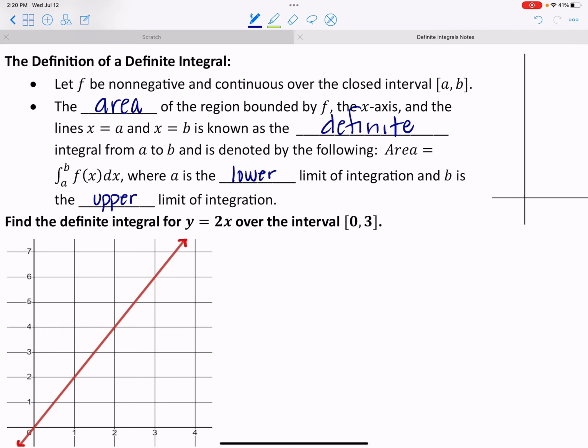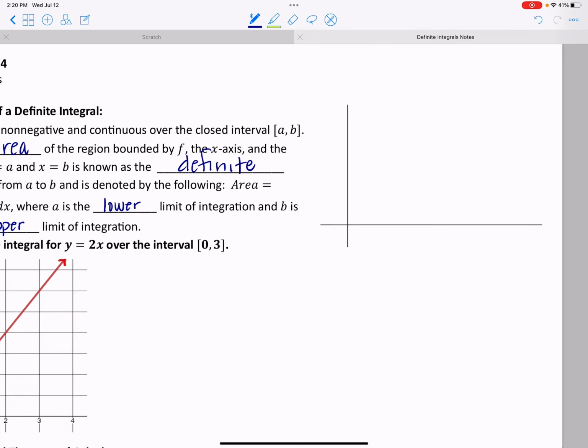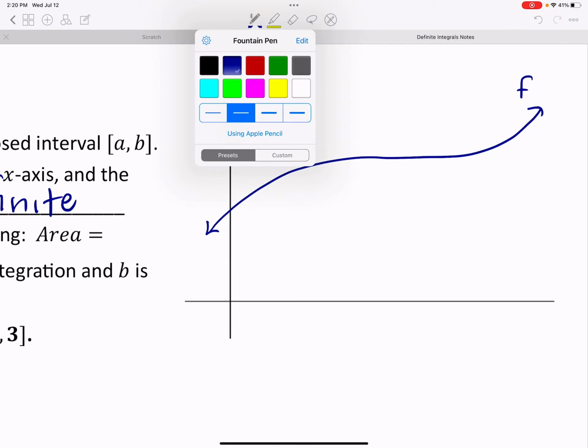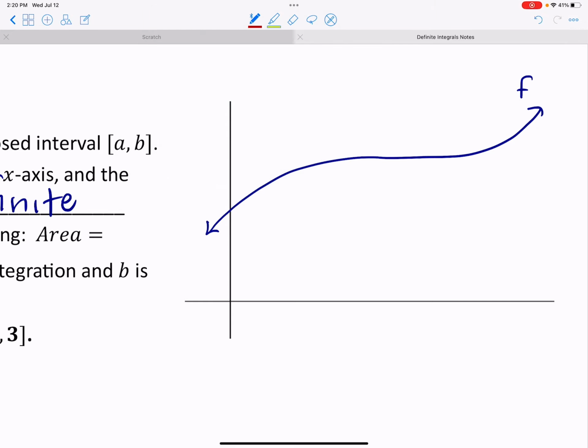Now geometrically, let me show you what I just said. So let's say we have some function that is non-negative and continuous, so maybe it looks something like this. So here's our function f. Now what we want to do is look at this function over a closed interval. So let's say that this closed interval starts here at a and then stops here at b.